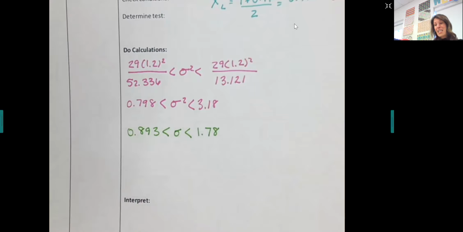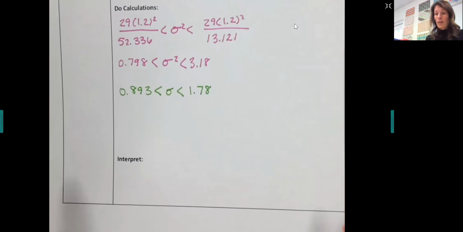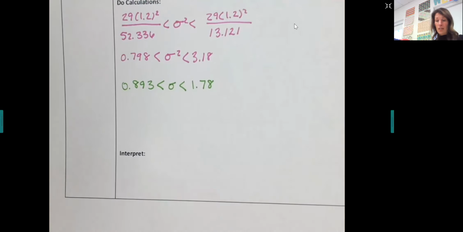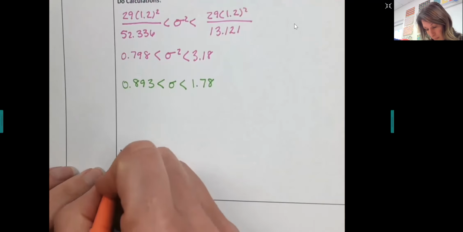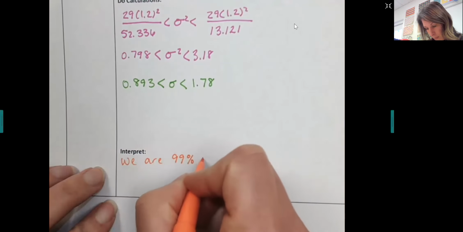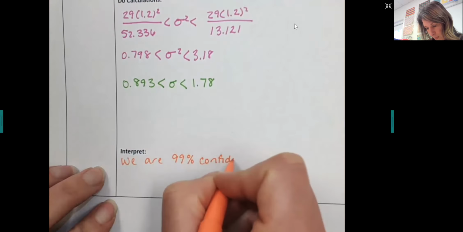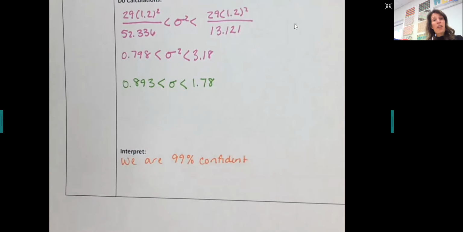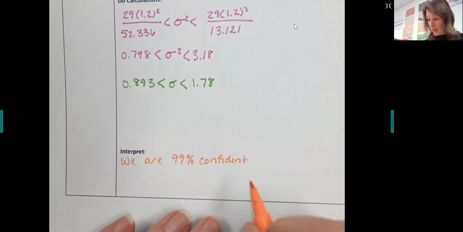So what does that mean? It means that we are 99% confident that our variance will be between 0.798 and 3.18.